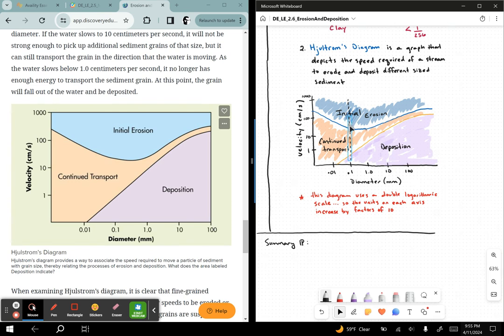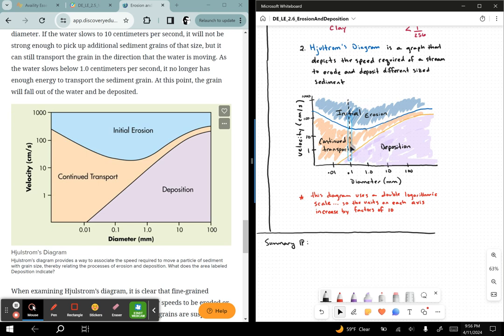If you get a little slower than that, let's say that you get to maybe 70 centimeters per second, maybe 50 centimeters per second, the river would not be able to lift up and begin moving that sand. But if it is already moving, it can continue to be transported.